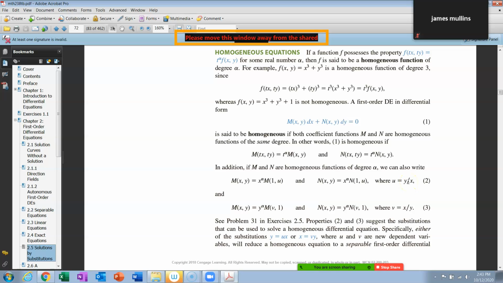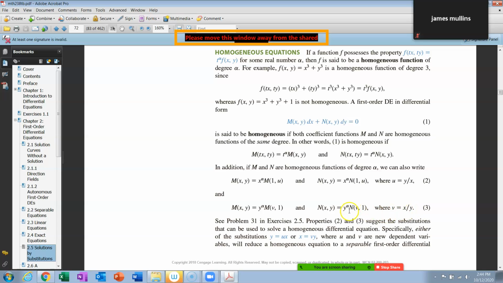Okay, now that is leading to something we are actually going to deal with. And M of x, y is equal to y to the alpha M2 of v, and N of x, y is equal to y to the alpha N2 of v, where v is x over y.